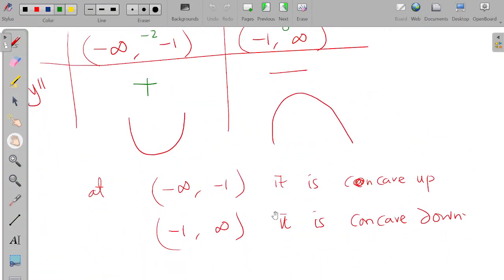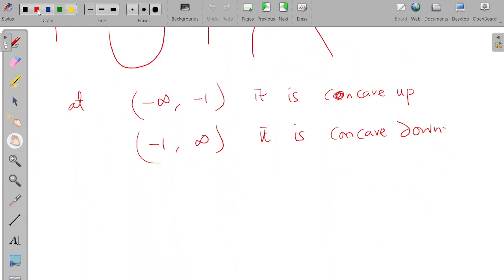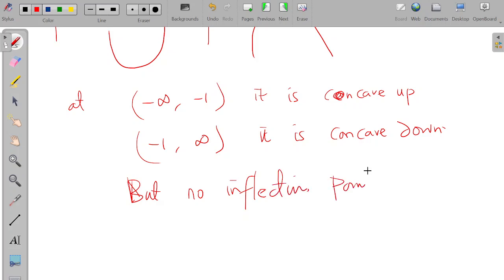Though concavity changes at negative 1, there is no inflection point at x equals negative 1, because negative 1 is not part of the domain.